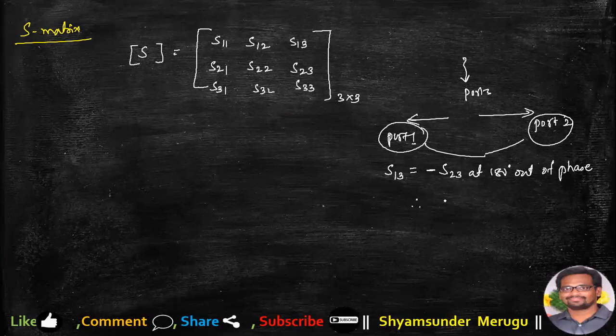So we can write S23 will be equal to minus S13.